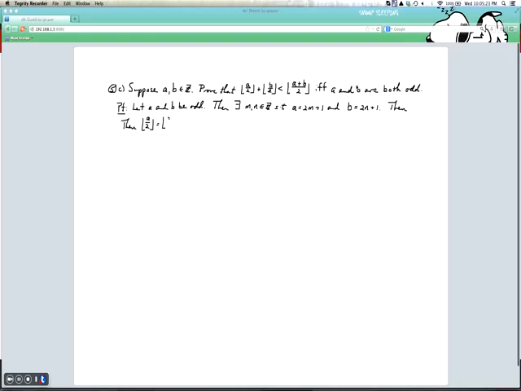If I look at just the floor of a over 2, then that's the floor of 2m plus 1 over 2, which is m plus a half, which is just m. And if I look at b over 2, guess what?